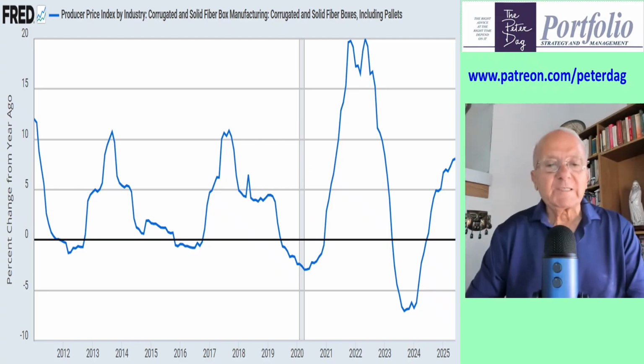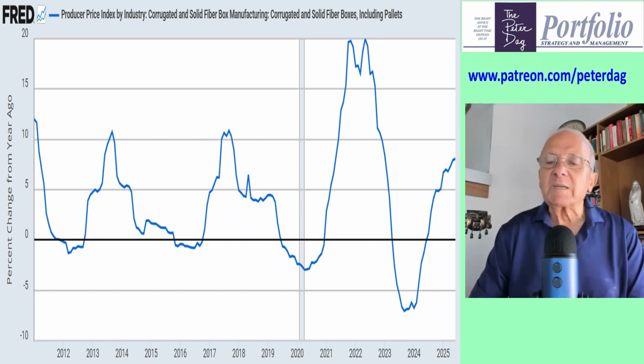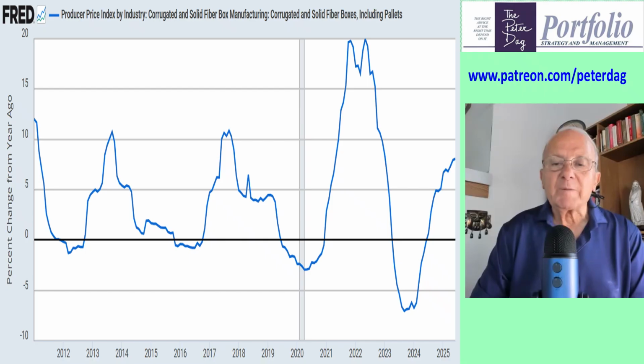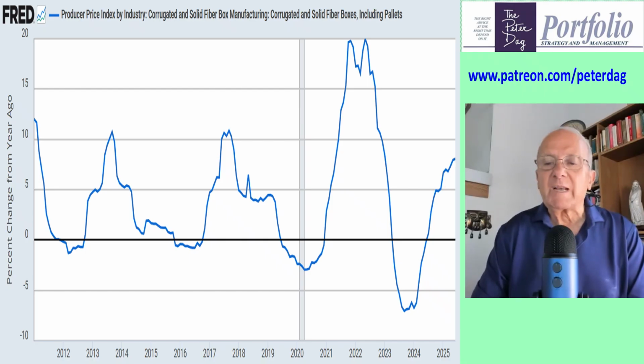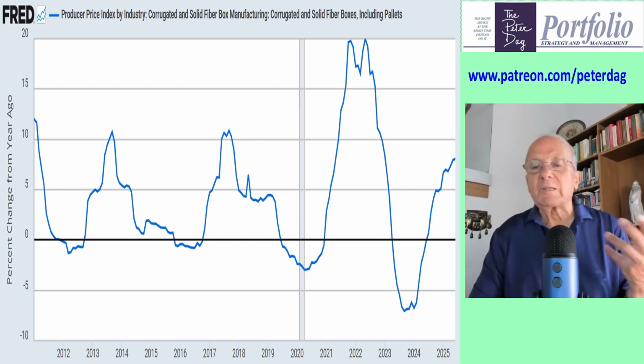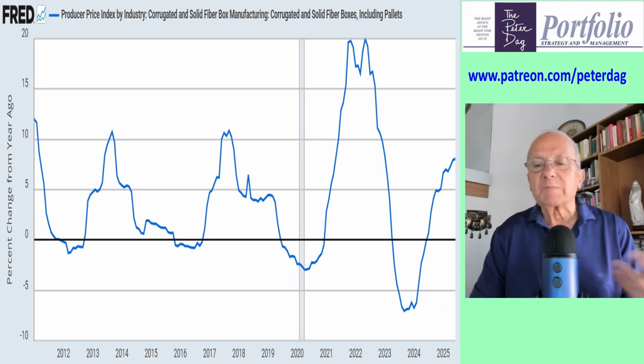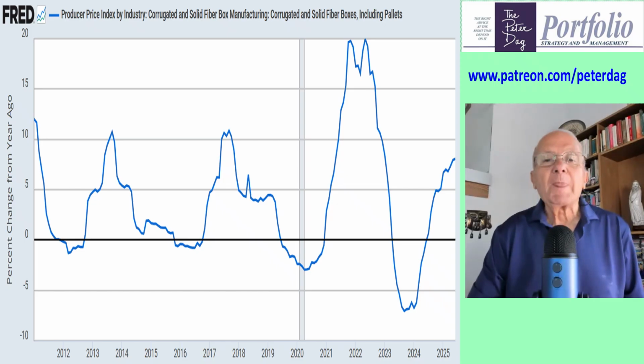There have been these mini cycles, if you wish, but very important because here, as I showed in many articles and in my previous videos, defensive sectors have outperformed the market. In this phase, cyclical sectors outperform the market. So what this indicator is saying, the bottom line is, look, George, don't think about recessions because business is buying cardboard boxes and prices are going up. This is not what happens during a recession. So keep that in mind.